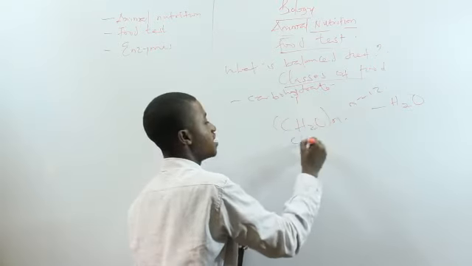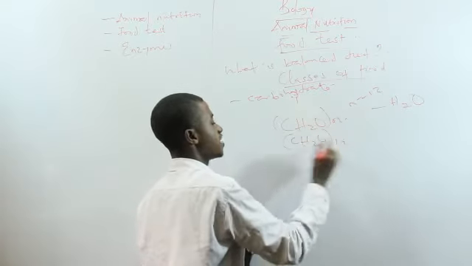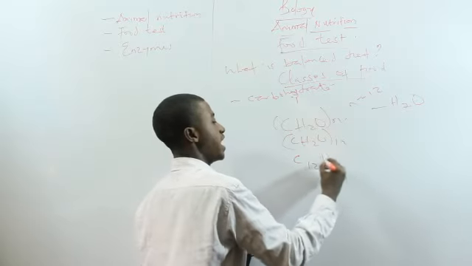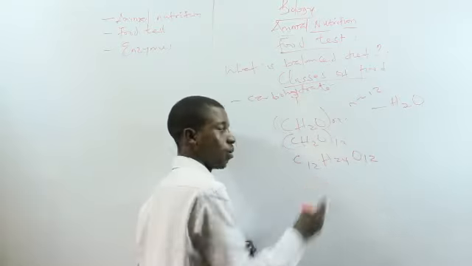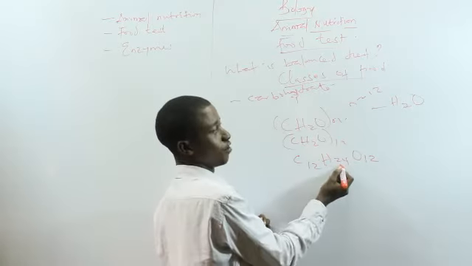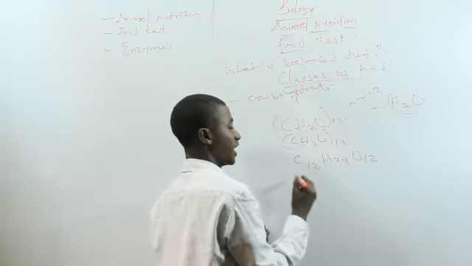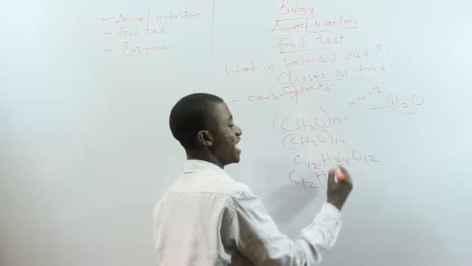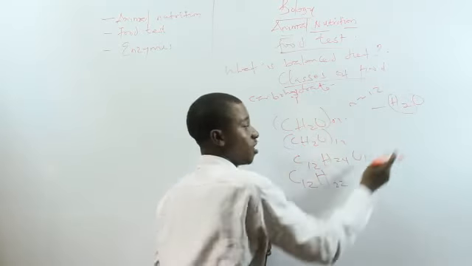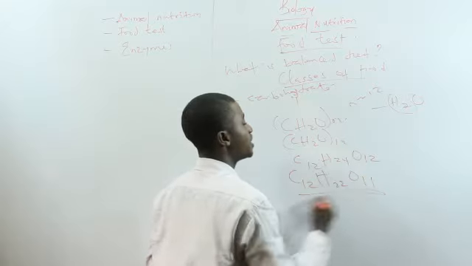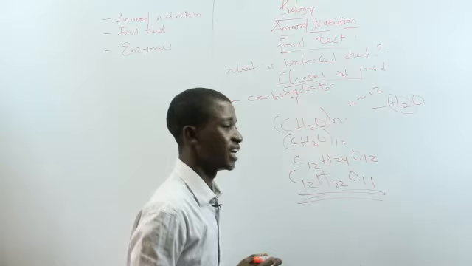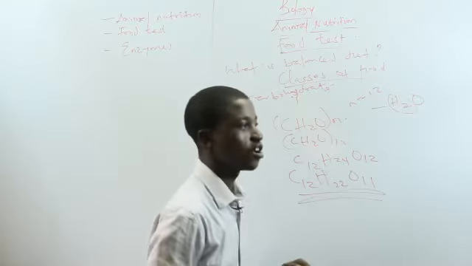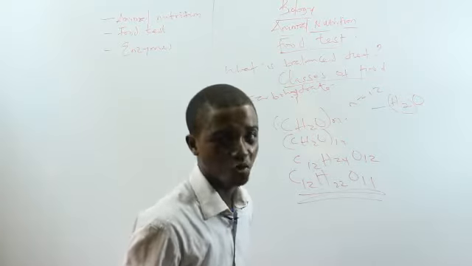So C12, H2 times 12 is H24, O12. Now let's take away water from here. We take away 2 hydrogen, so we have C12, H22. When we take away 1 oxygen, we have O11. So this is the formula for sucrose, lactose, and maltose: C12H22O11.